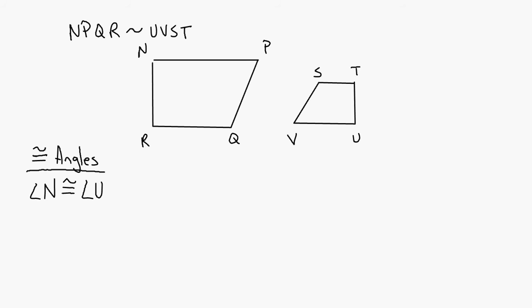And angle P is congruent to angle V. Angle Q congruent to angle S, and angle R is congruent to angle T. That's the first part of the problem, listing all the congruent angles.